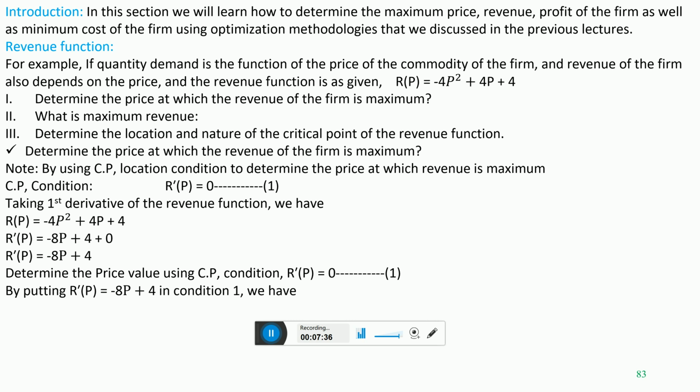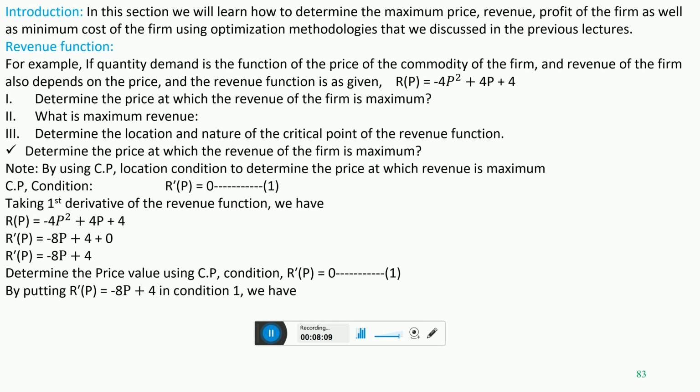And to define the two values of the critical point, x and y, we are using the condition R prime of p is equal to 0. This is the condition for the location of critical point. So to determine the price, we have to take the first derivative of the revenue function.